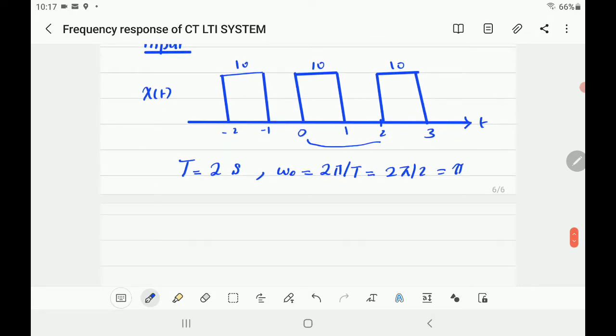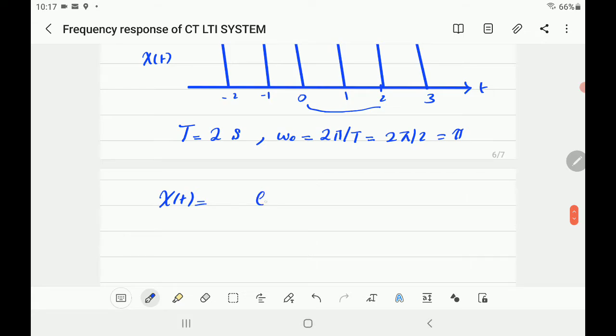Then, to express it using Fourier series, the expression is x of t equals the summation from k equals minus infinity to infinity of c_k e to the power of j k omega naught t. We like to separate c naught when k equals 0, because e to the power 0 is equal to 1, and then you make the summation where k is not equal to 0.